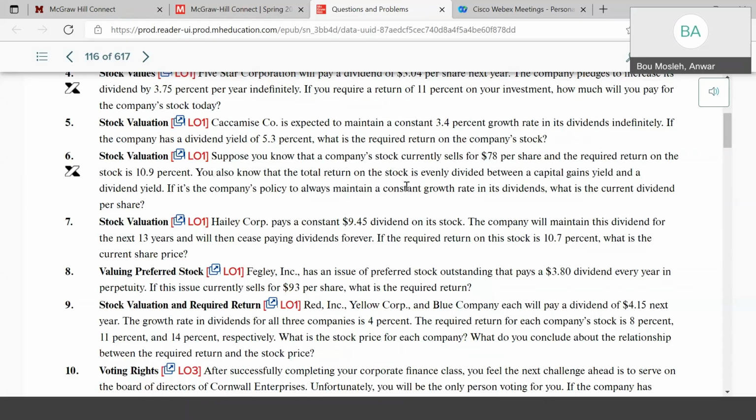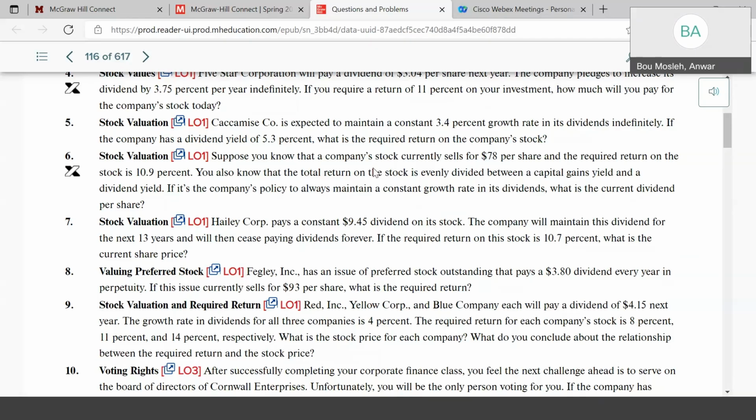What's important also is that the return is divided evenly between the capital gains yield and dividend yield. And we learned from investments in stocks that the return that you're going to get from investing in stocks comes from two sources, like the bonds, if you recall. Part of the return is from dividends.